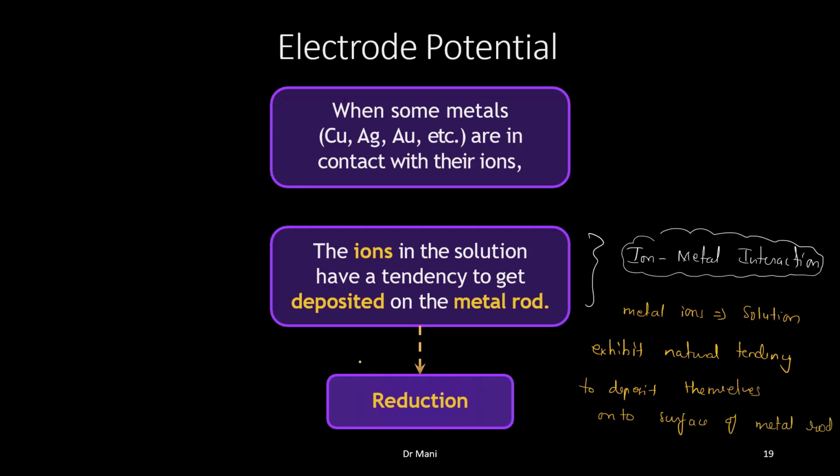Understood? So now what happens? The metal ions in solution will accept electrons and transform into the metal state, and then vice versa. So in the reduction process, what happened? M n plus plus n e minus will be converted into M.